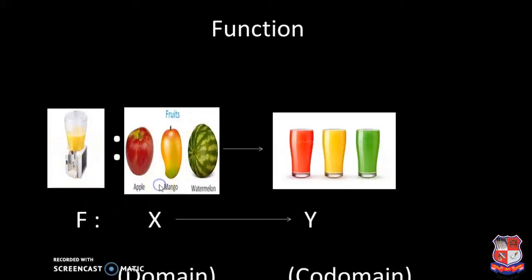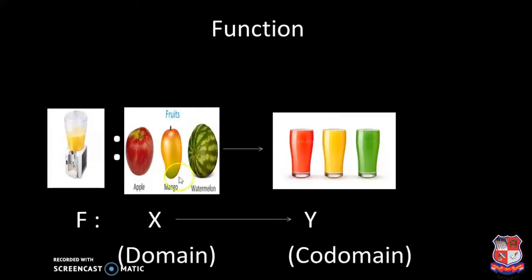We call the domain x, and fruits is our domain, and the function satisfies all the conditions of x, and the juice is our output that we call a codomain. For a particular value of x, we get a particular value of y that we call a range.